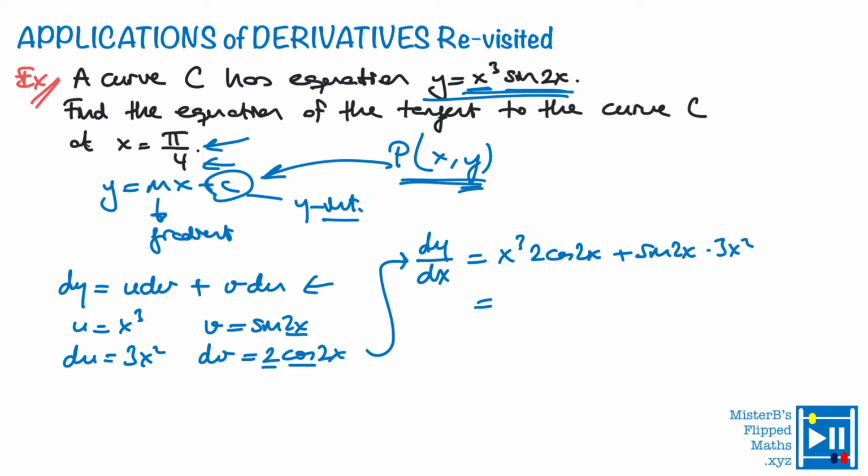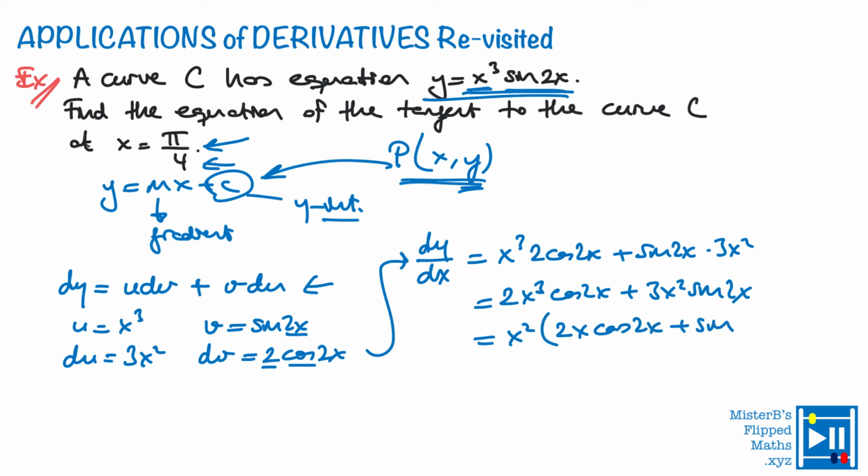If we rewrite this, rearranging the coefficients, it's going to be 2x cubed cosine 2x plus 3x squared sine 2x. And I can also factor x squared out, saying x squared times (2x cosine 2x plus 3 sine 2x). So that is my derivative.